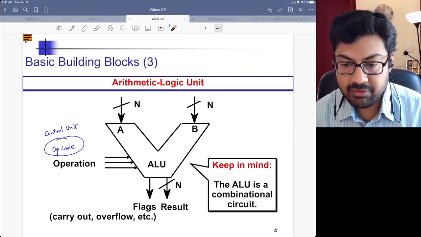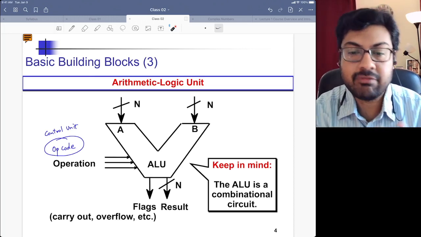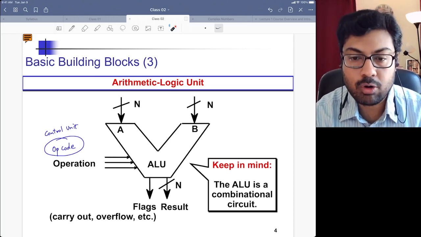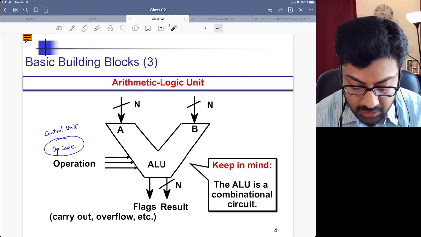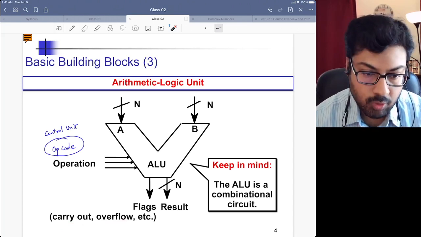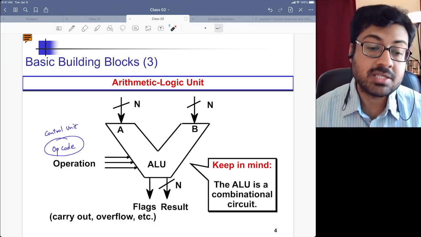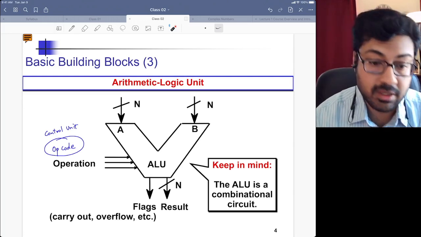Maybe you were adding two numbers, and you were looking at the most significant carry, or the carry out of the signed positions if you are doing signed arithmetic. Or you are looking at detecting overflow, or you are looking at whether the result is 0 or not, or whether the result is positive or not.